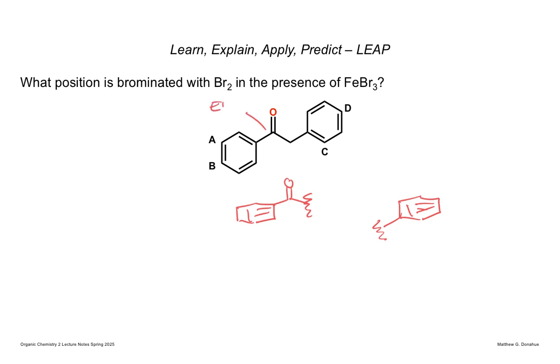That carbon is electron withdrawing. This carbon is electron donating. So the ring with the electron donating group has to win. And because it's an electron donating group, it has to go ortho-para.